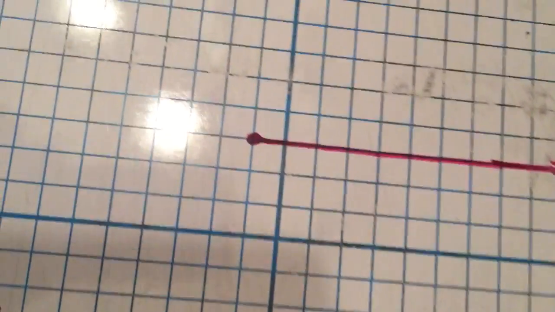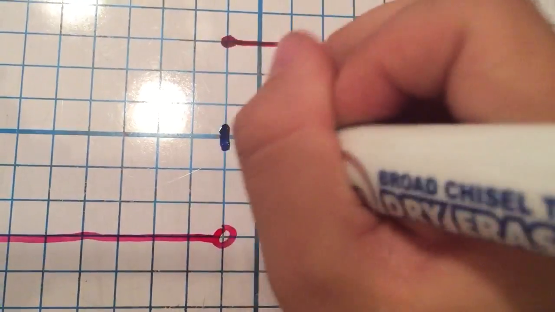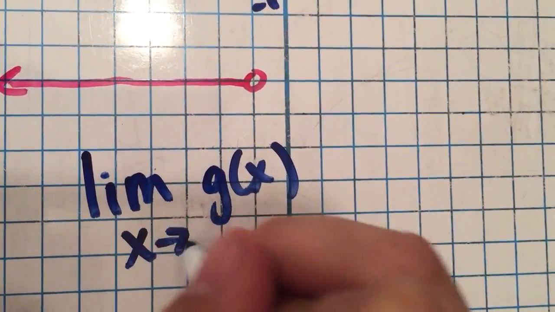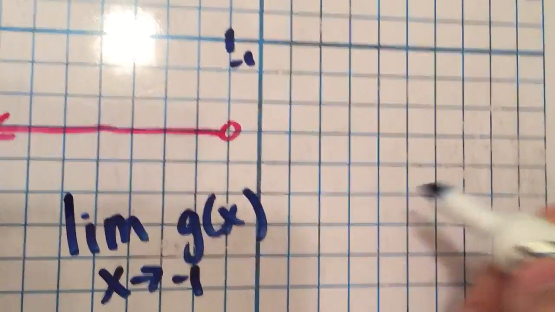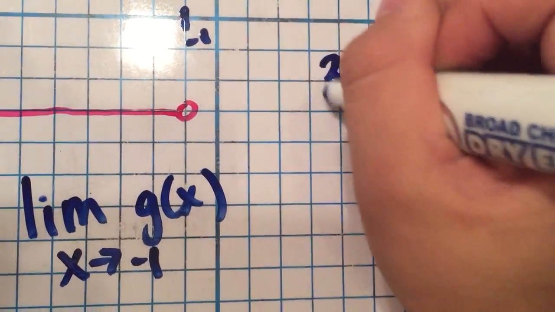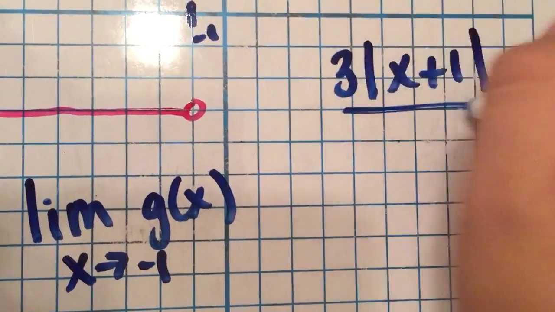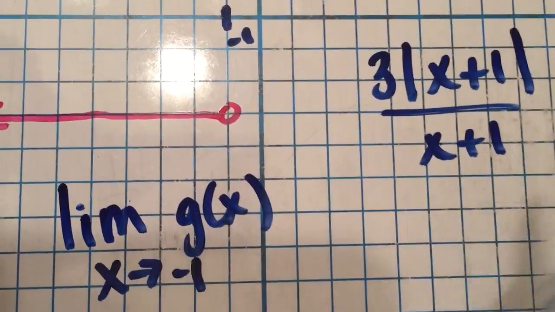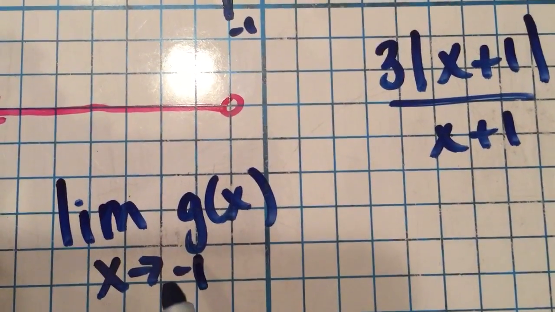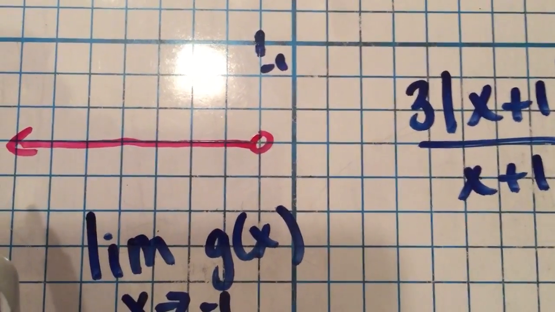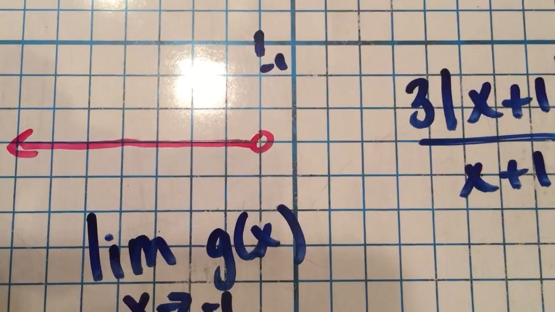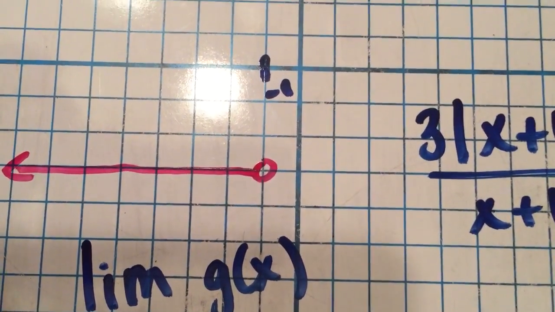Okay. So if my equation had asked me to find the limit of g of x as x goes to negative 1, and again remember g of x was 3 times the absolute value of x plus 1 over x plus 1, if I'm trying to find the limit of this function here, g of x, as x goes to negative 1, notice my left-hand limit is approaching negative 3.